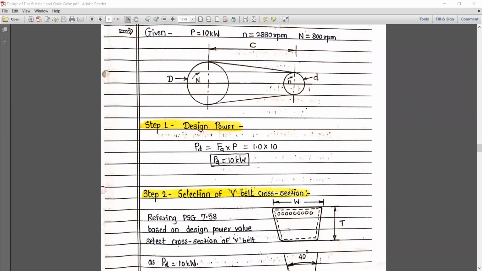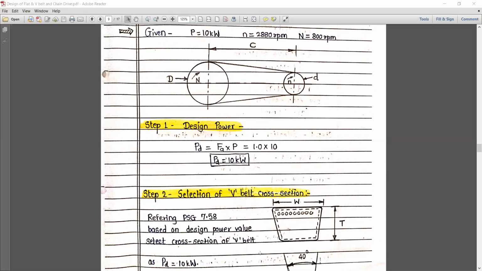So we simply draw a simple arrangement of a V belt drive, as it is normally used for a shorter distance. For example, you might have seen such a V belt drive in a lathe machine in a workshop, on the shop floor.